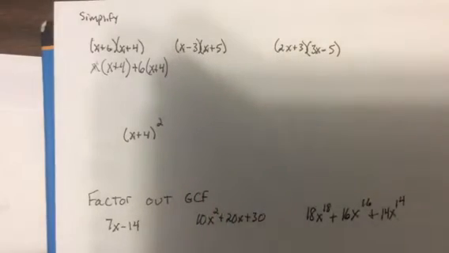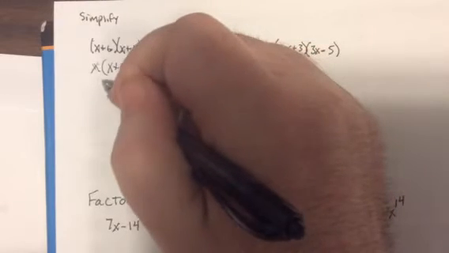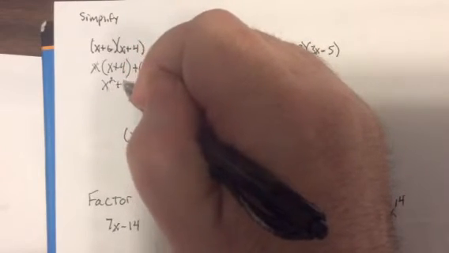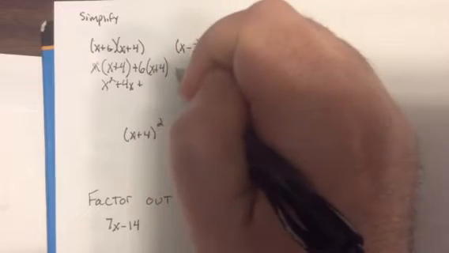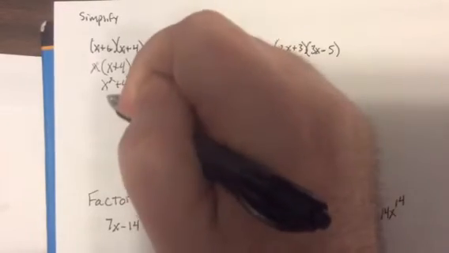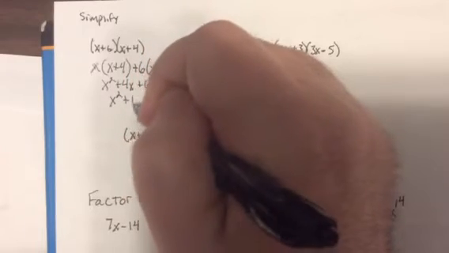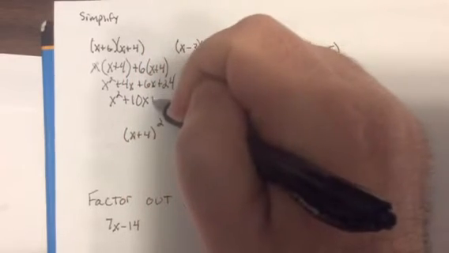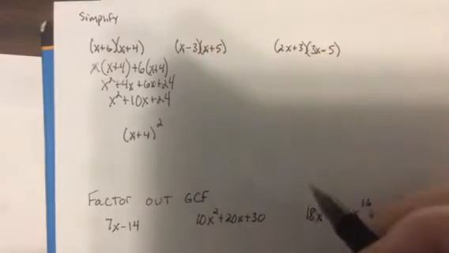I call this the old-fashioned way. I don't really know why I say that, but that's what I do. So it'd be x squared plus 4x. Distribute the 6x plus 24. So it'd be x squared plus 10x plus 24.